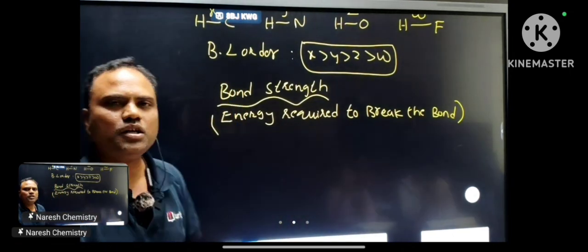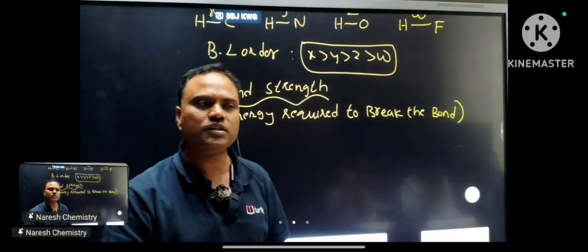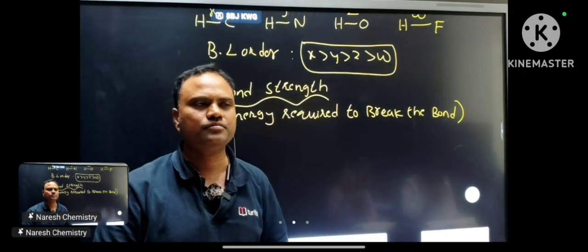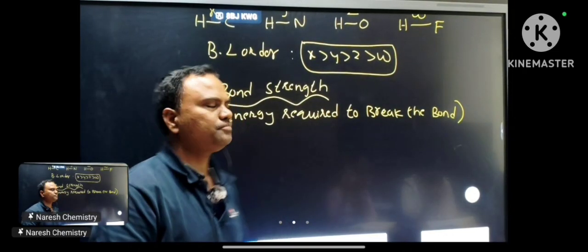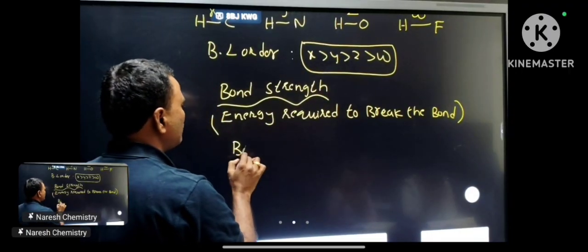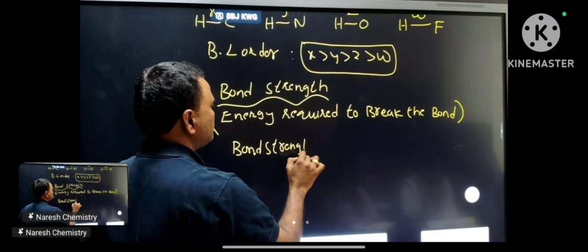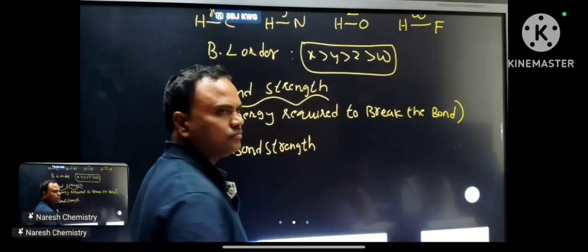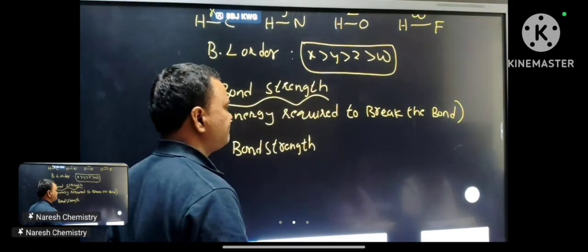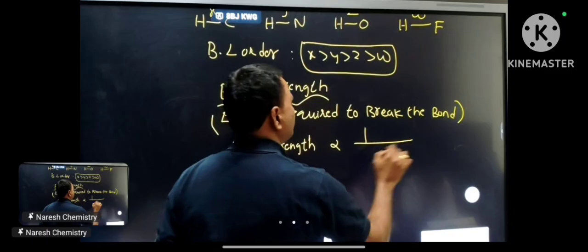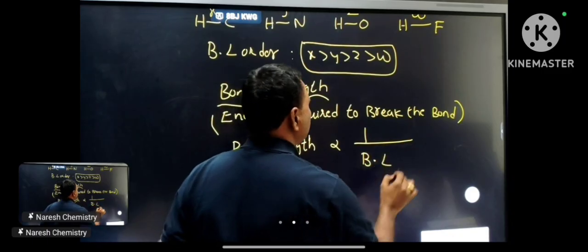So what is the relation between bond strength and bond length? Inverse or direct? Bond strength is inversely proportional to bond length.